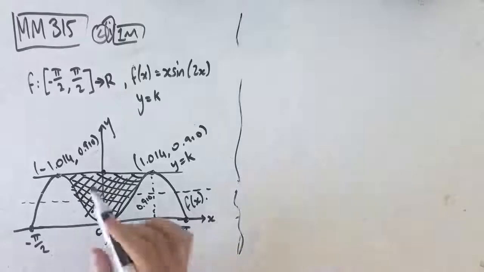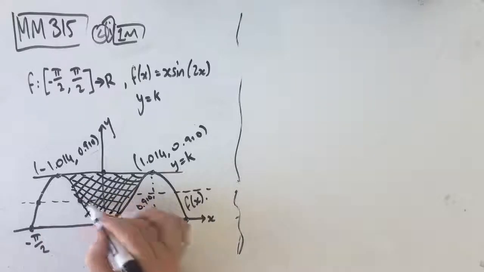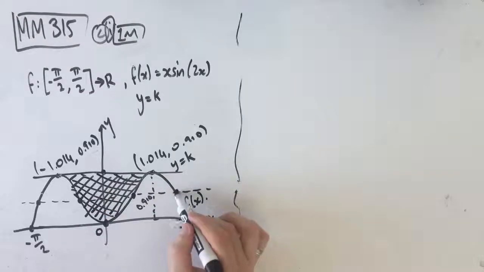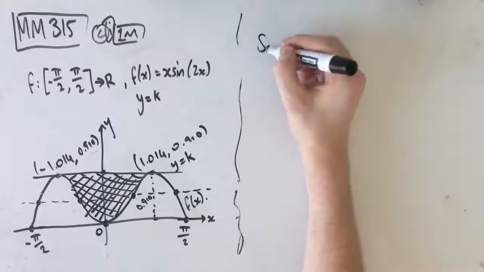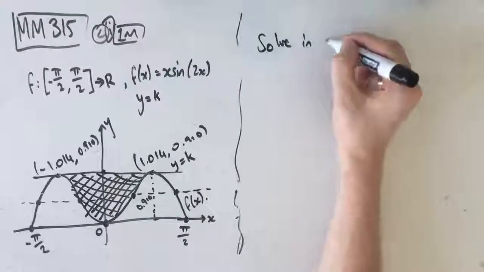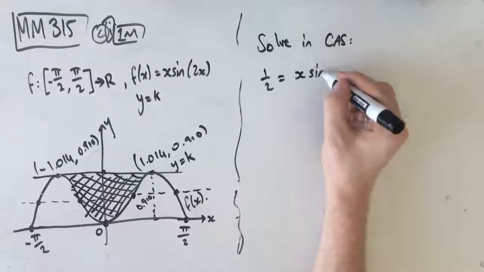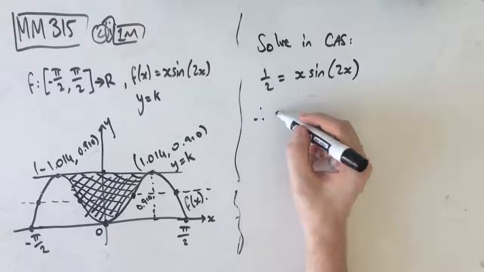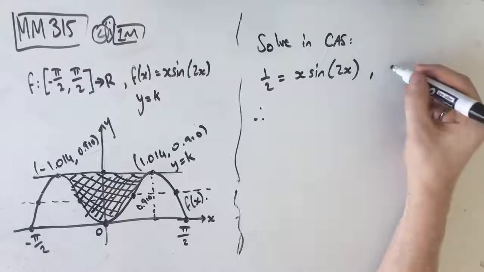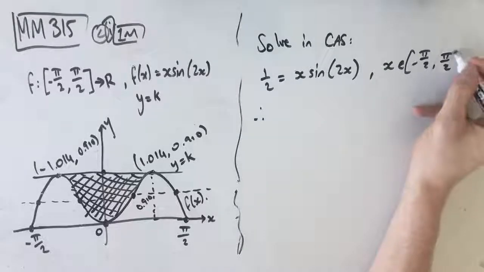So what we're talking about there is where f of x equals 1/2, the intersection points between these two graphs. It's just a 1 mark question, so we can do this in our CAS. So I would say solve in CAS: 1/2 equals x sine of 2x, where x is between negative pi on 2 and pi on 2.